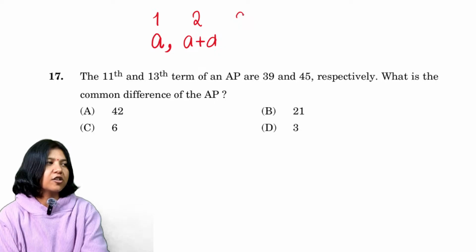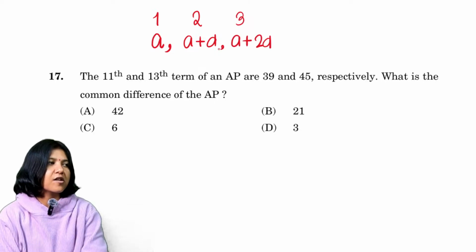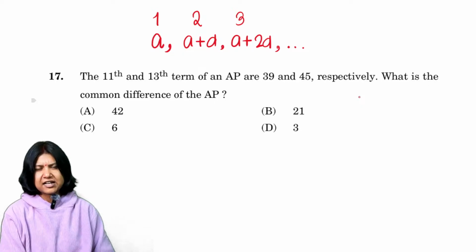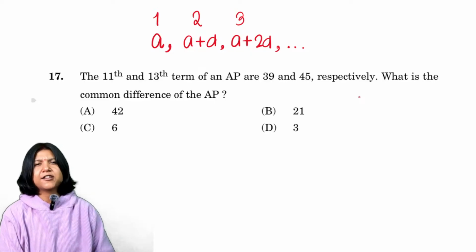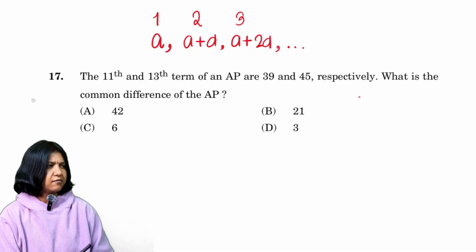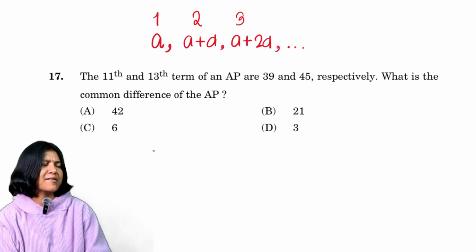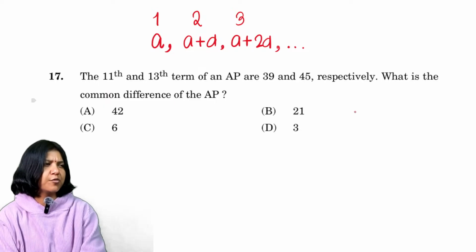To reach the third term, you add the difference twice. The process goes on and on. The concept is to add the difference one less time than the position you want to reach. So if you are going to the 100th position, you take the first term and add the difference 99 times. Why am I telling you to follow this method? Because you don't want the value of A, and A appears commonly in all the terms like this.